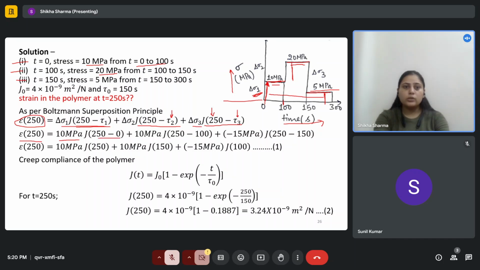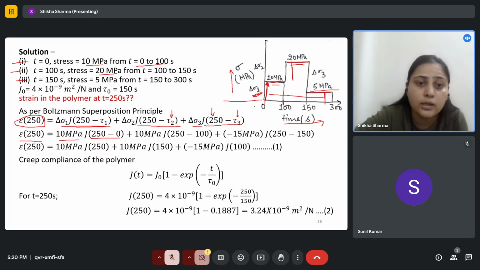Why? Because 250 is the time we need to calculate. So 250 minus 0, because this stress is applied at t equals 0 to 100 seconds. From 0 the stress of 10 megapascal is applied, so the base value of time is 0. It is started at 0 time.